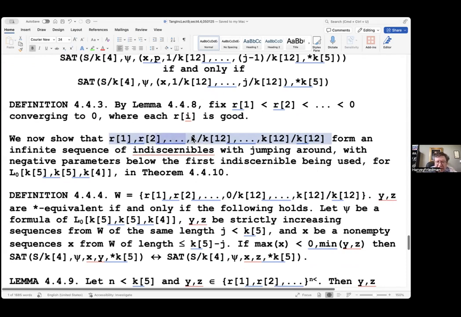So if I have these negatives and these indiscernibles from the original statement, this forms an infinite sequence of indiscernibles, with jumping around instead of just always consecutive, with negative parameters below the first indiscernible being used. That's done in Theorem 4410, which we're about to approach. So I want to say something about how that's done.